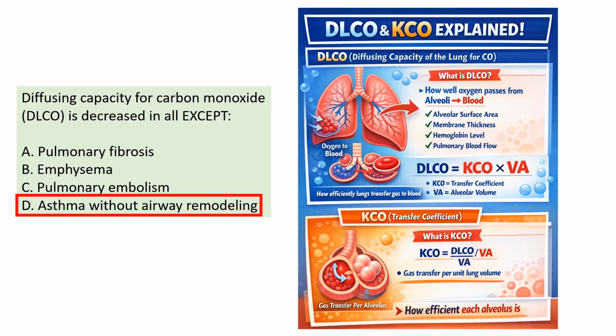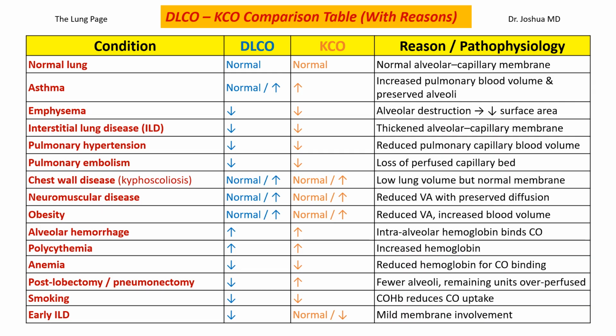I'm going to put the chart here. This is a comparison chart with the reasons. You can save this chart and share it with your friends. Here you can see each condition, what happens to the DLCO and to the KCO, and what the reasons are.